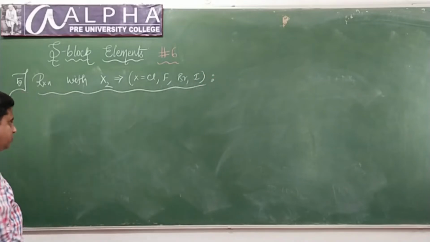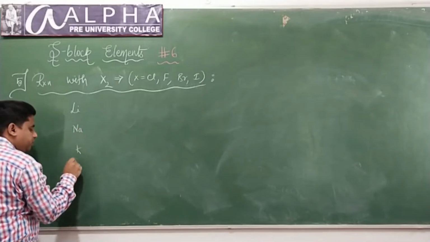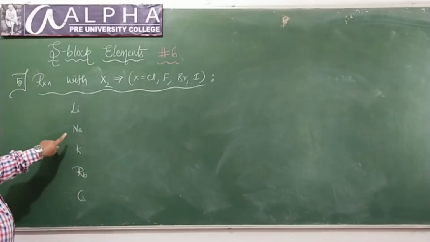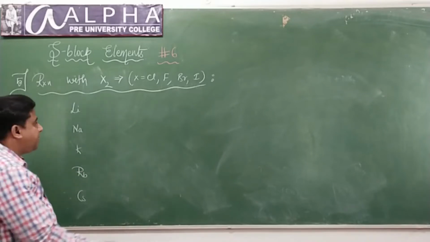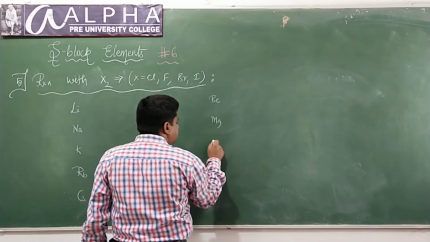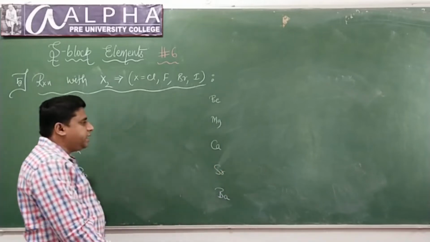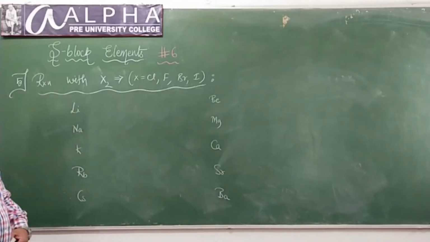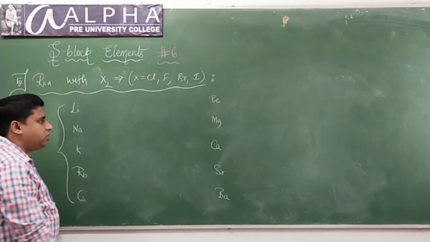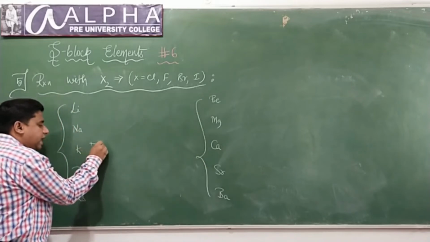Understand this point? We have lithium, sodium, potassium, rubidium, cesium, and alkaline earth metals: beryllium, magnesium, calcium, strontium, barium. Now see, all alkali metals and all alkaline earth metals, they react with what? Halogens.